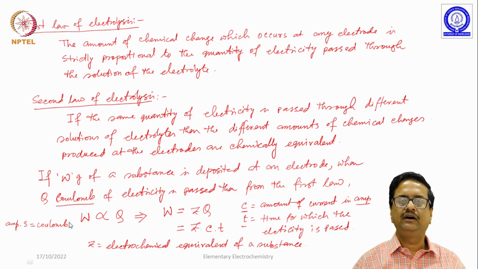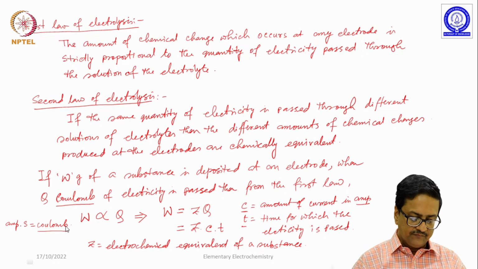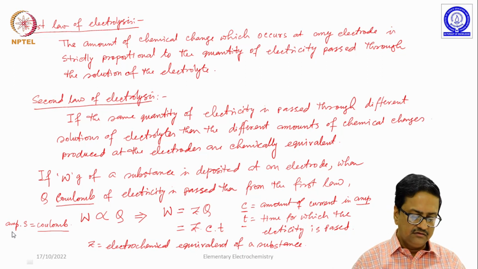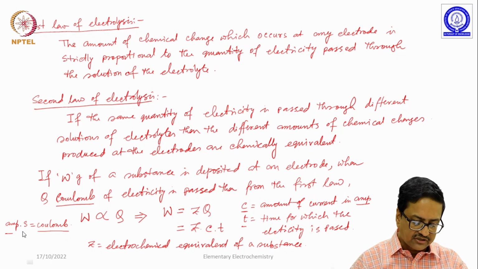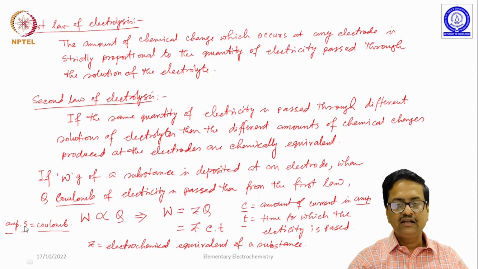So you have the unit of mass multiplied by the unit of acceleration, you get the unit of force. Similarly here the quantity of electricity is measured in coulomb, calculated based on the amount of current passed, that is in terms of ampere, and the unit is second. So you can easily calculate if you are given what amount of current is passed for how much of time through a solution, then you know what is the amount of electricity that is passed.